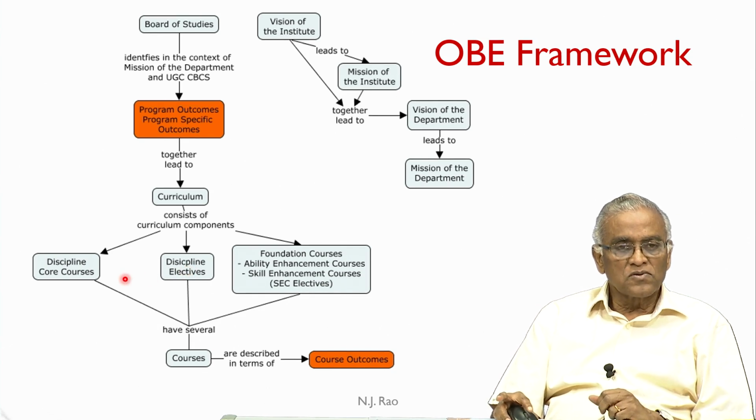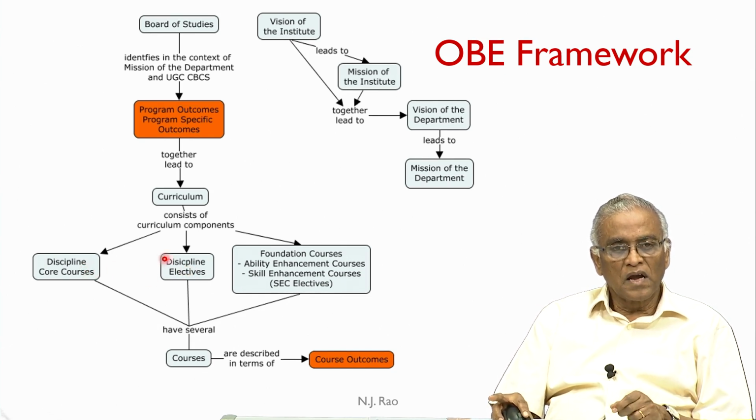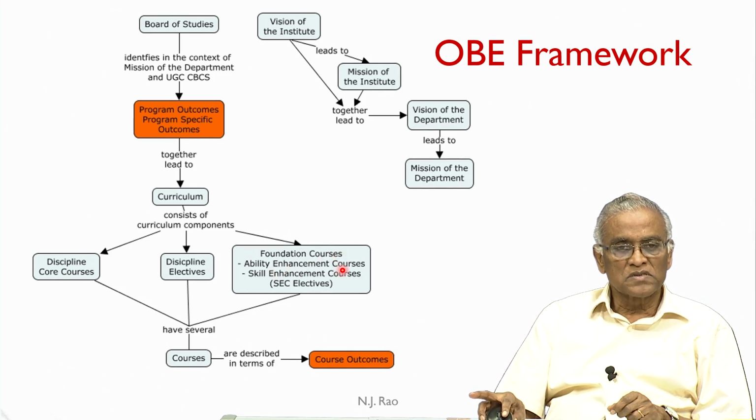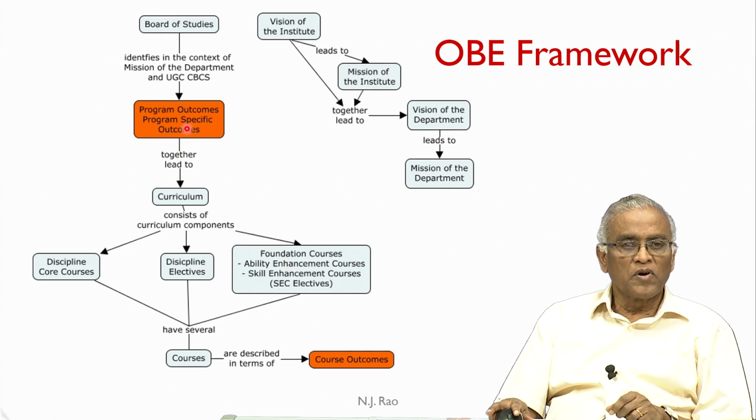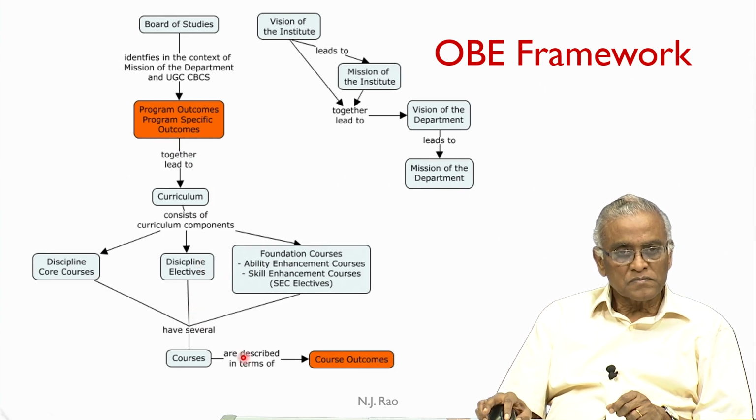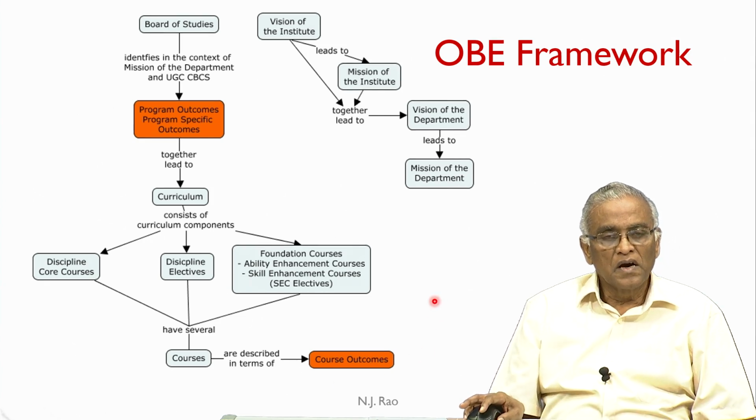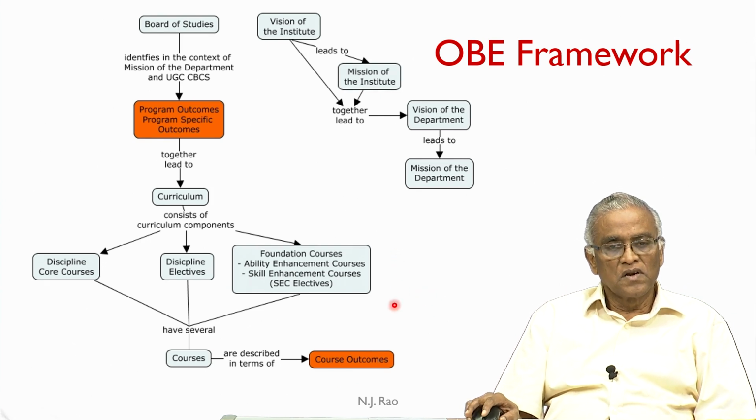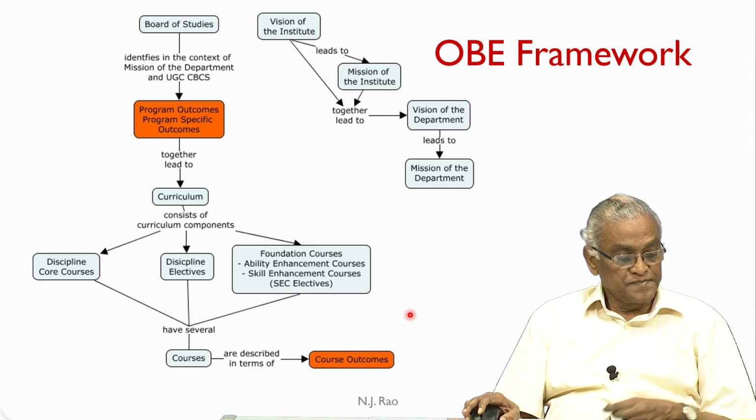So all students take discipline core courses and the foundation courses, the ability enhancement courses together. These are the only ones that you can take into consideration to achieve the program outcomes and program specific outcomes. But every course has to be defined in terms of course outcomes. This is the broad relationship from the vision of the institute to the course outcomes.